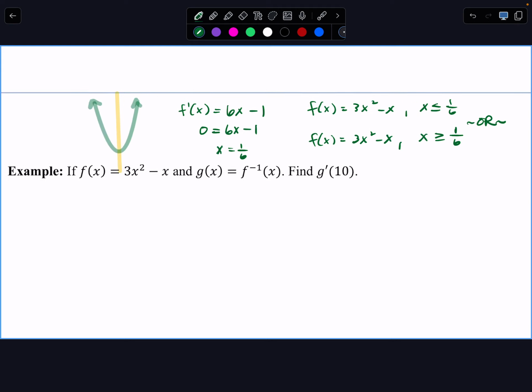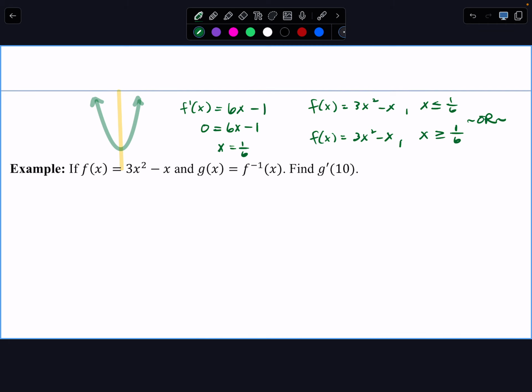So you have to declare this, and here's why. We're actually going to end up with more than one answer here for g prime of 10. That's because wouldn't there be 2 places where f has an output of 10?